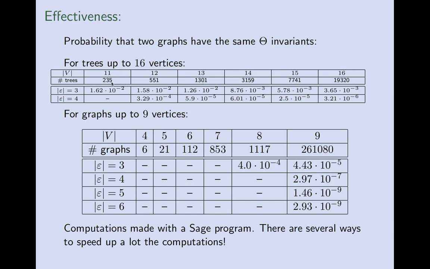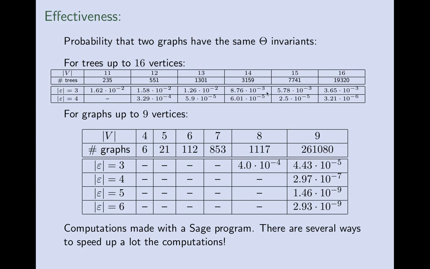So we start from 235 on 11 vertices to 19,320 on 16 vertices. And this number here is the probability that two randomly chosen graphs inside here have their theta sequence invariants that are different up to this degree here.